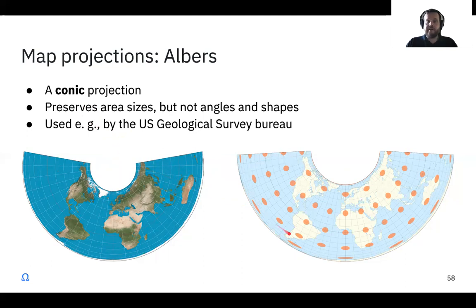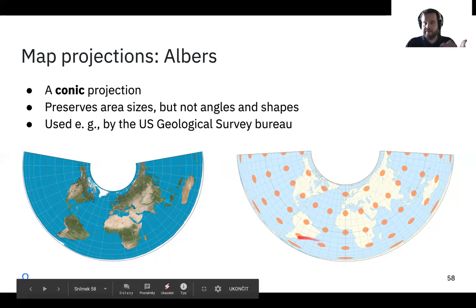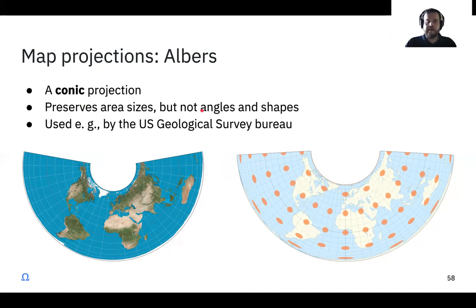So all across the Earth you will have the same area size in square kilometers, or your other favorite unit, but it will not preserve angles or shapes, which is evident from just looking at the map. You might think this is completely useless, but it's, for example, used by the US Geological Survey. So it has its uses with cartographers, but Mercator is by far the most famous.